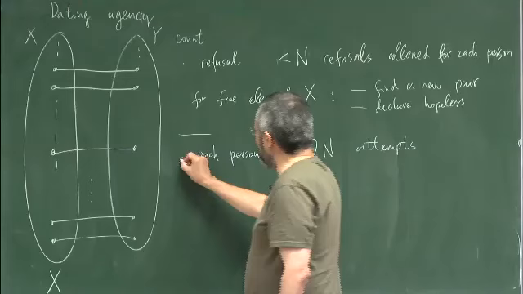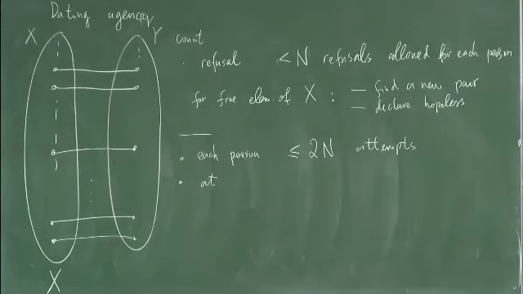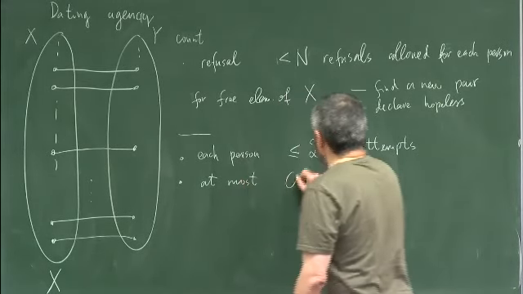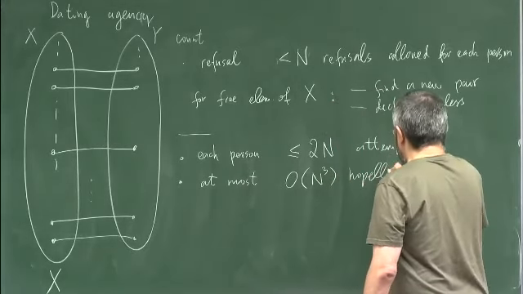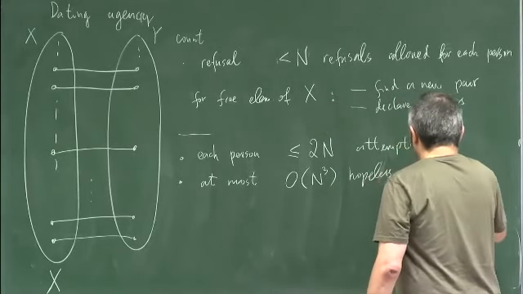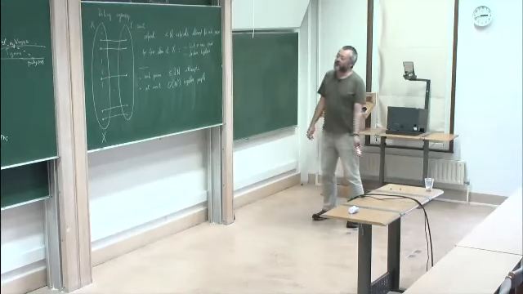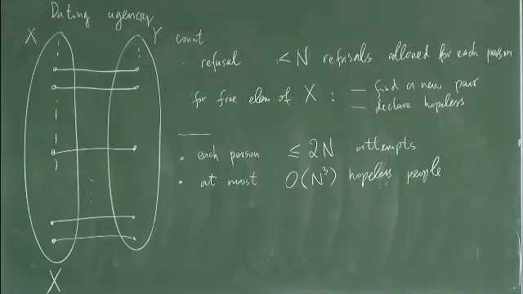And we should limit the amount of hopeless people: at most O of n cube hopeless people. This n cube corresponds actually to 3n, as you will guess.